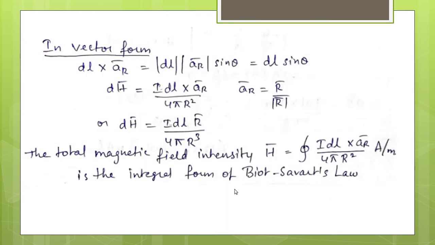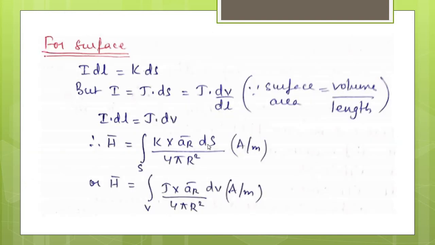If you see the previous equation, this is the line integral because we have dL here, so we need to integrate only once. This is the surface integral, which has to be integrated twice. This third one is a volume integral, which has to be integrated three times. So these are the expressions for the magnetic field intensity for line, surface and volume.